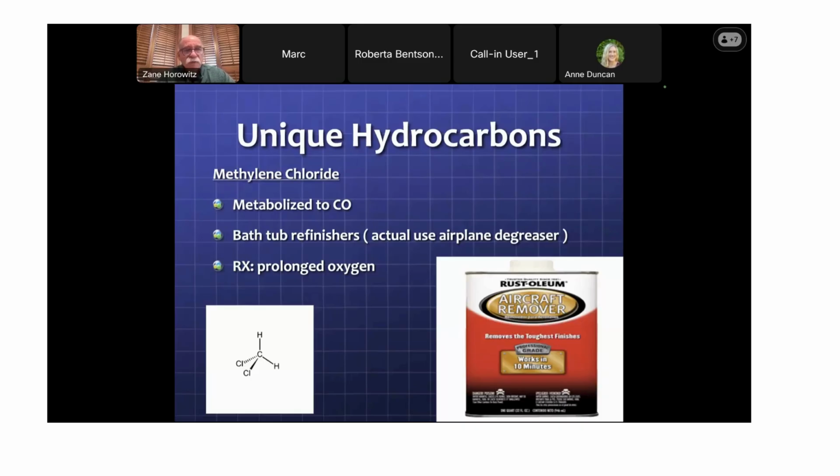Part of it is their CNS is going to be affected due to the hydrocarbon element of this, so it's always hard to send these to hyperbaric chambers. But if they were resuscitated and still obtunded on oxygen and the carbon monoxide level is above 30, I would try to get them into a hyperbaric chamber because they're still going to make carbon monoxide in a significant amount until they clear the metabolism of the methylene chloride.